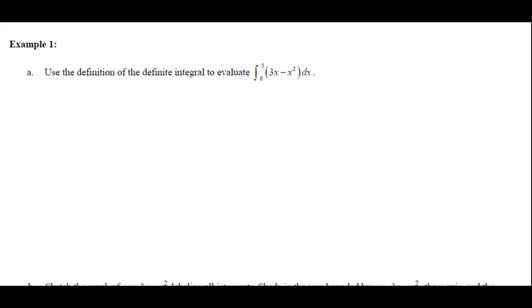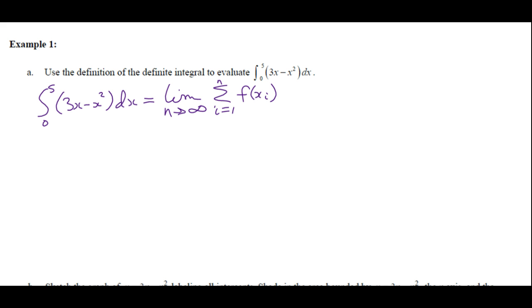Start off with the definition: the integral from 0 to 5 of 3x minus x squared dx is equal to the limit as n approaches infinity of the sum from i equals 1 to n of f of x sub i delta x, which is on your formula sheet, and could come in quite handy on Monday.